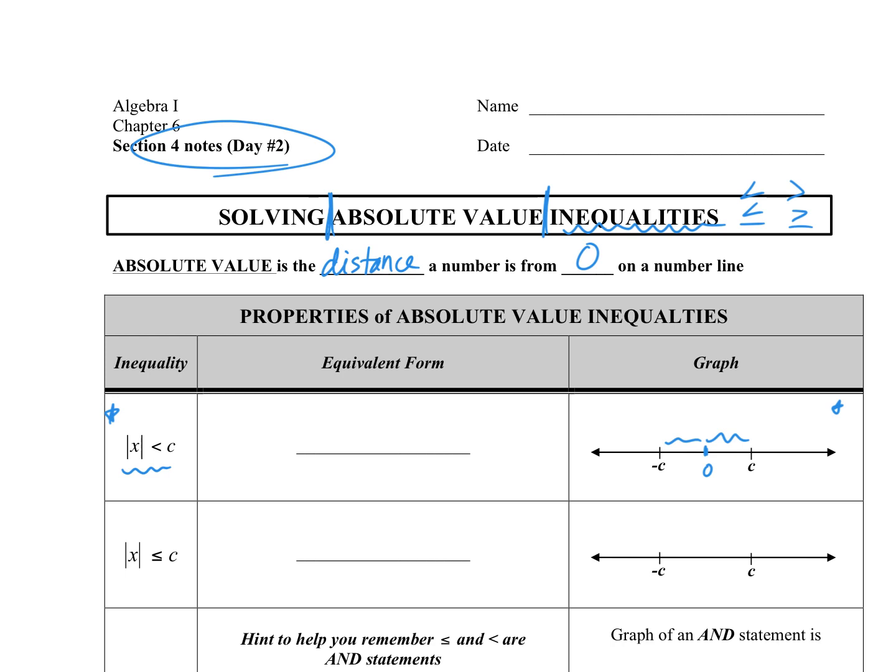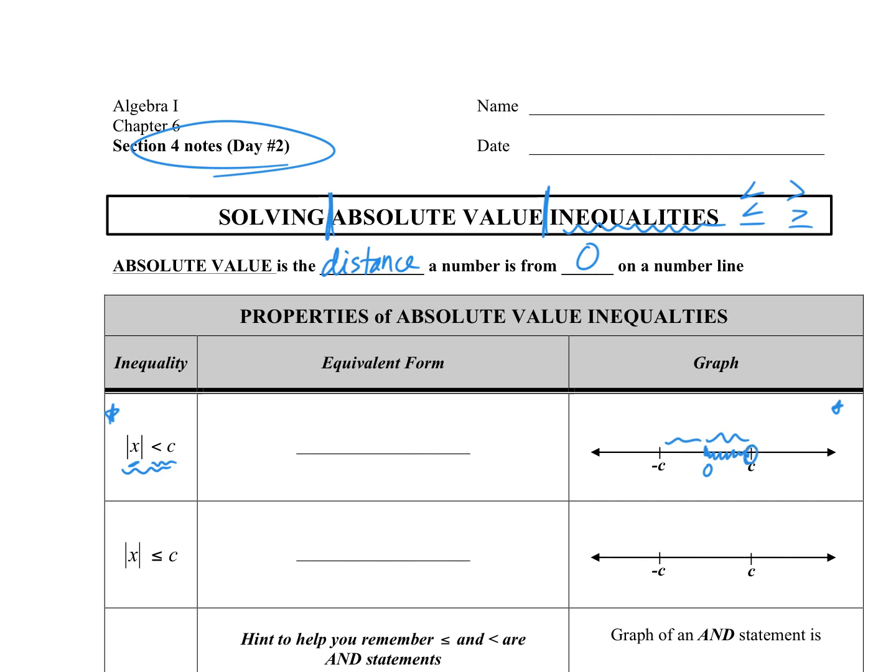So if I were to put that on a number line, what this says is that the absolute value of x, or the distance, is less than c units. Well, that simply means that it's under c units.